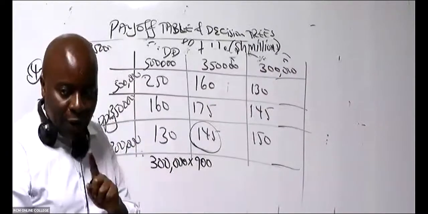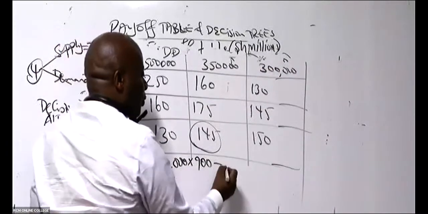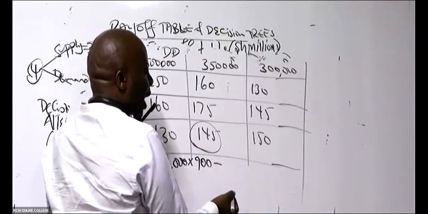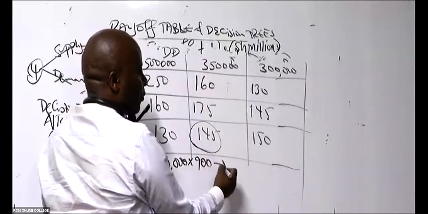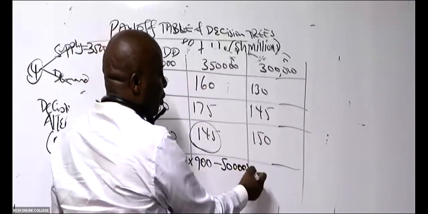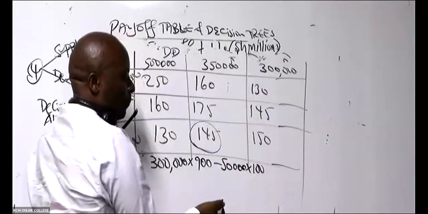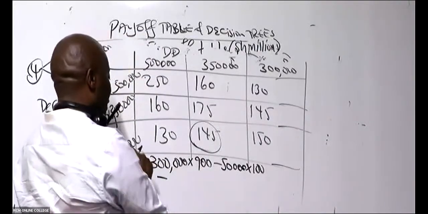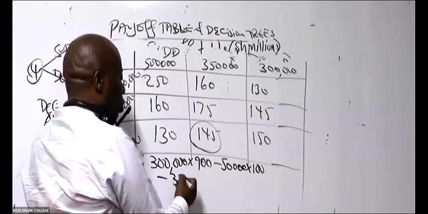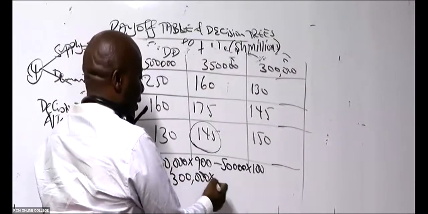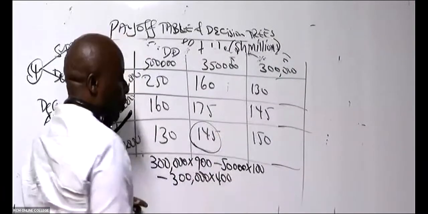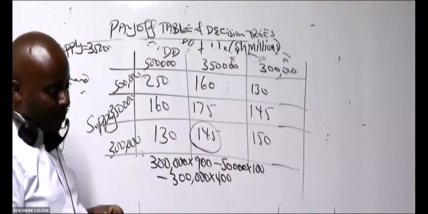But then we have 2 costs. The first cost will be the cost of disappointing customers. How many customers shall we disappoint? 50,000. And for each customer you disappoint, you're losing 100. Minus the total cost of supply, which is 300,000 times 400.